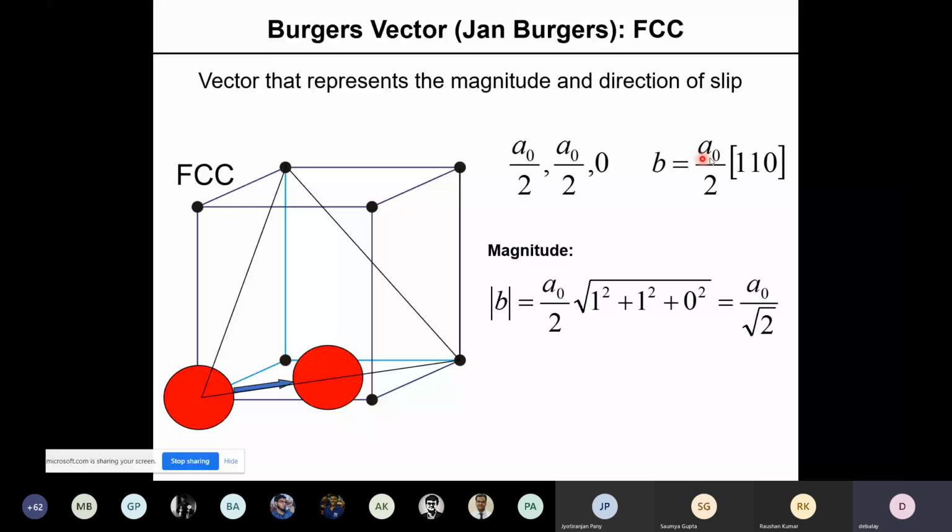Initially the atom at 0,0,0 is moving to the half position. So the Burgers vector is a0/2 <110>. And if you resolve it, its magnitude will come to a0/√2. Geometrically, if you calculate the corner atom moving into the face center position, the real distance is the square root of (a0/2)² plus (a0/2)², so a0/√2 you will find.